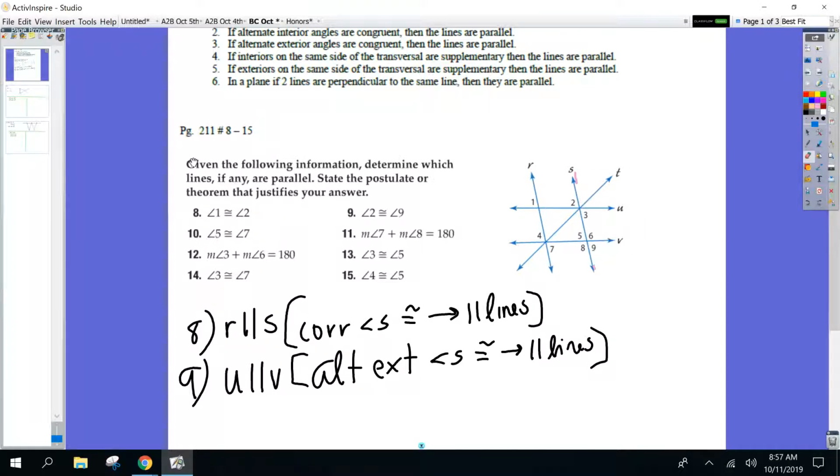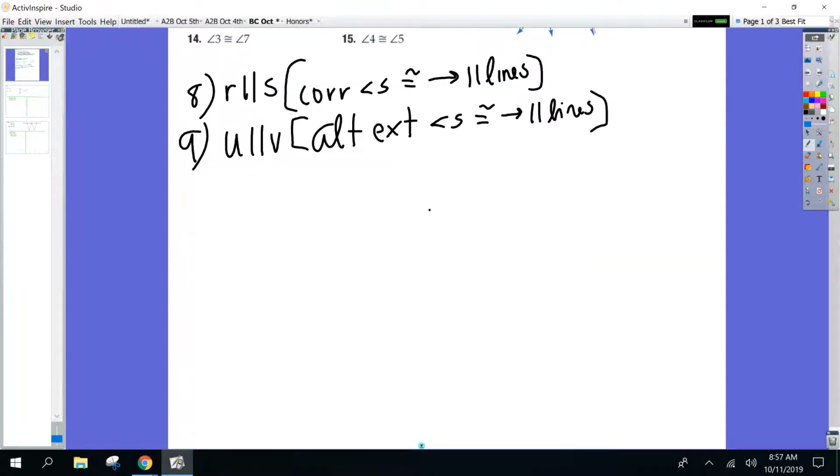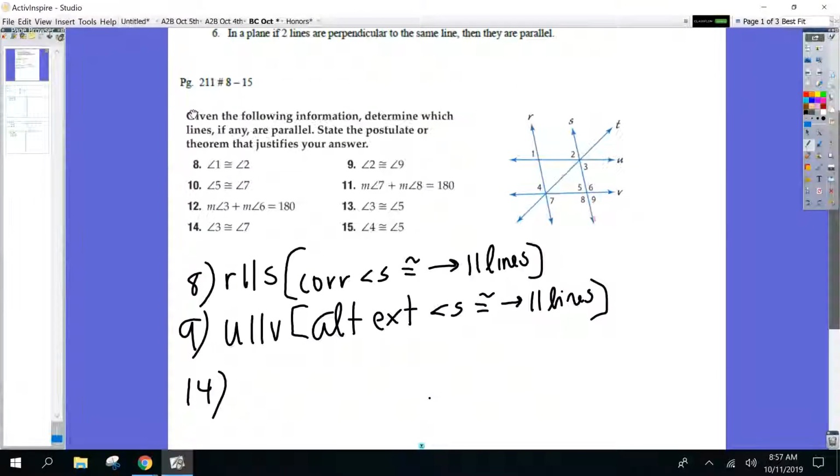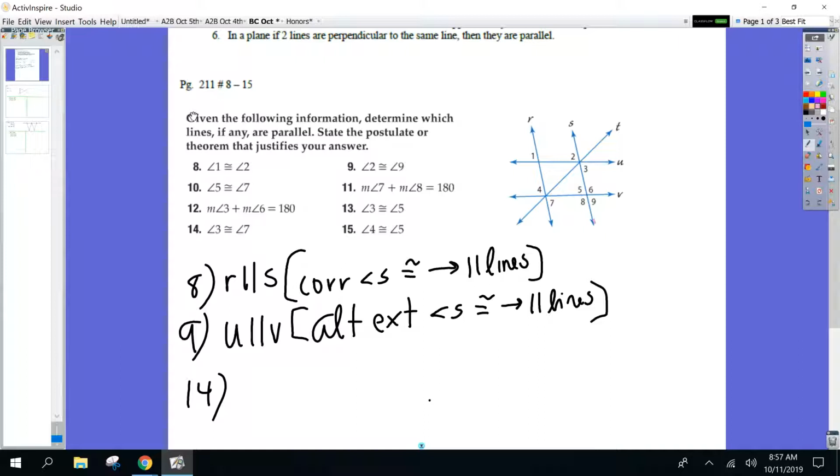Now we're going to start arguing. I'm going to skip to number 14. Now you have 3 and 7.